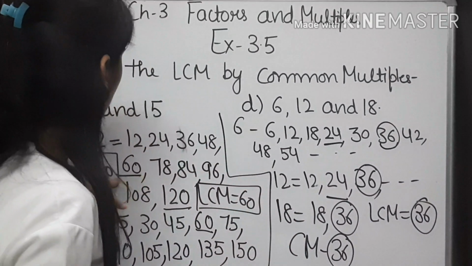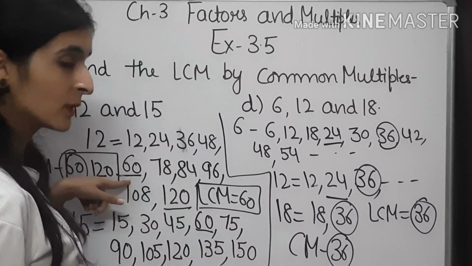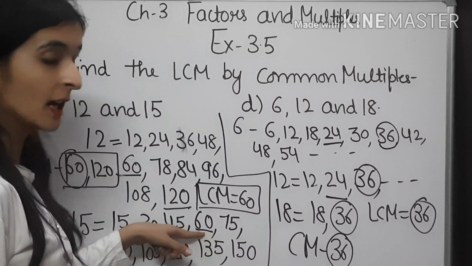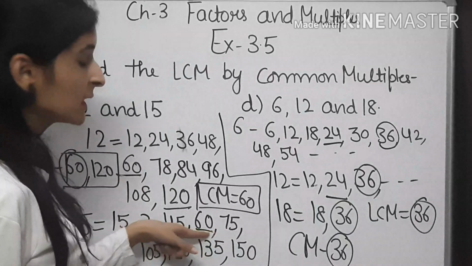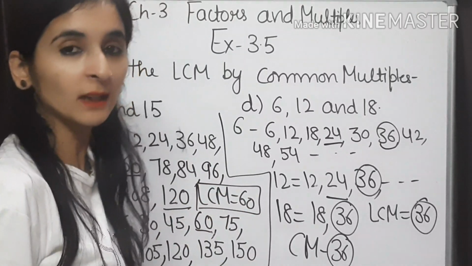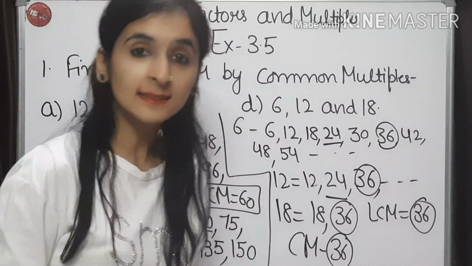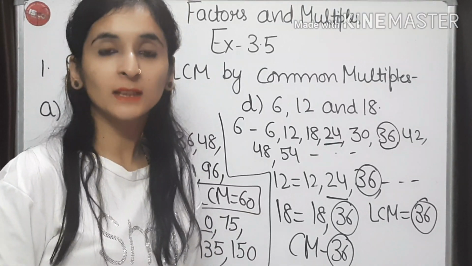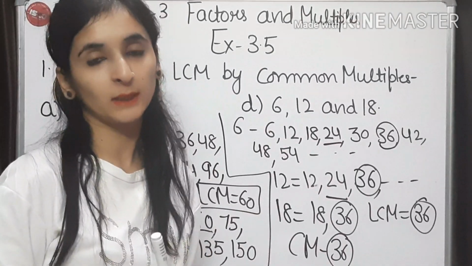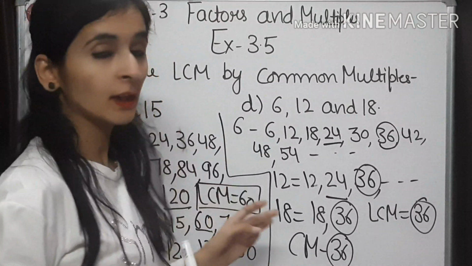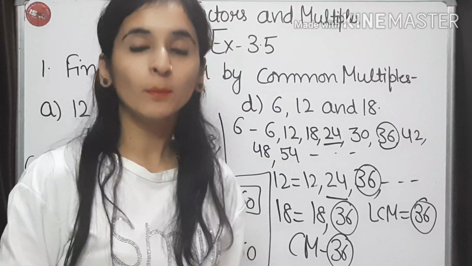It's like here we have got 60, and in the multiples of 15 again we have got 60. So you can leave this process here itself, because the very first common multiple will be our LCM. You don't have to find any more common multiples if you have found one common multiple. Fine. So this was about the first question, LCM by common multiples.